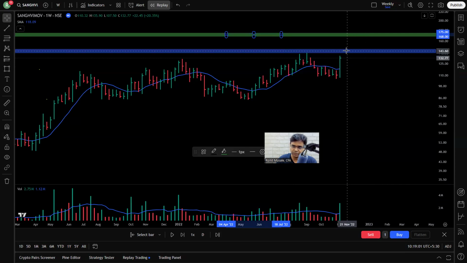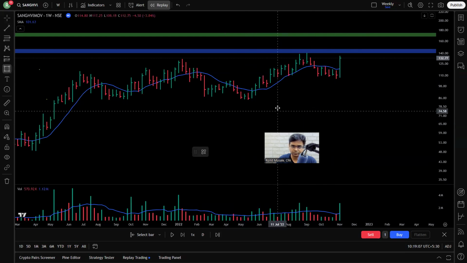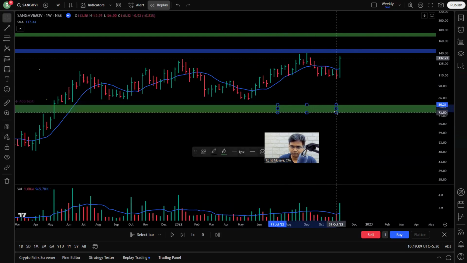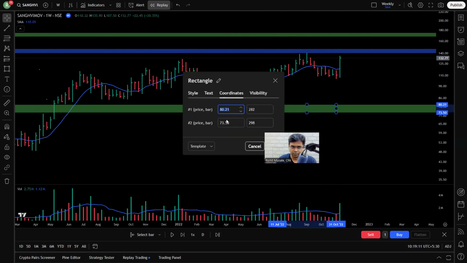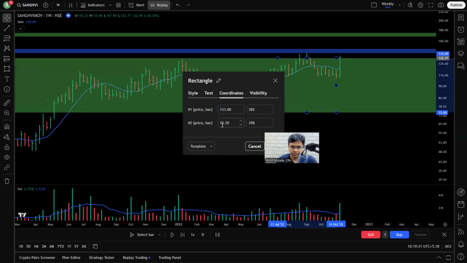This is the buying range, 5% range, and then the stop loss. So let's draw another. So this will be 5% below the pivot point, 140 multiplied by 0.95. That's 133. And this will be 8% below the pivot point.